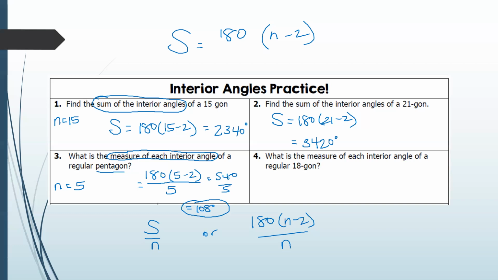I don't recommend memorizing the number of degrees in each angle for your polygons. Use the formula, because the formula works for all polygons, whether it's a pentagon or a 102-gon. If you can remember the formula, you can use it for any polygon. I have had students try to memorize that pentagons have a 108 degree interior angle, quadrilaterals have a 90-degree interior angle.